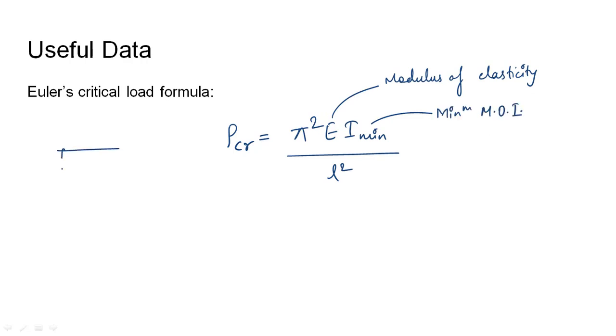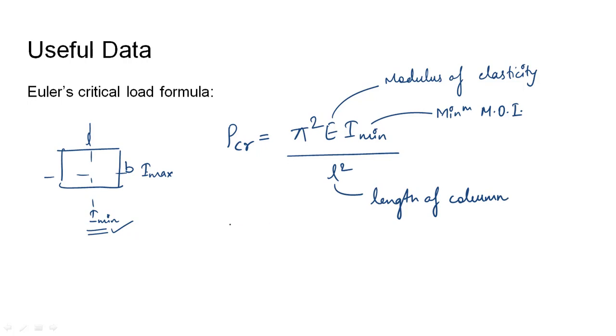The column's cross section can be L cross B, so we need to consider that moment of inertia which is minimum. There will be one value which will be larger and one which will be smaller. We will always consider the smaller value, that is I minimum, and L is the length of column.